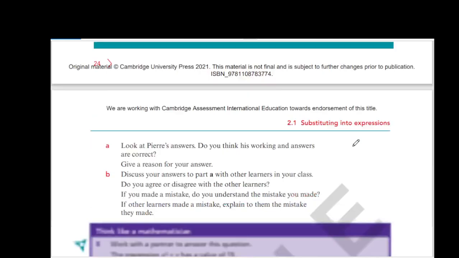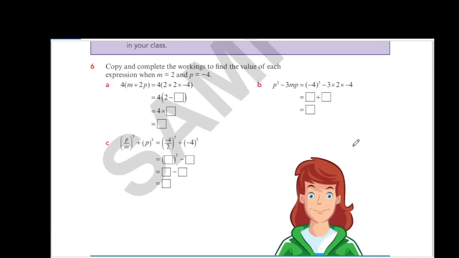Now we'll move to question number 6. Copy and complete the working to find the value of each expression when m is equal to 2 and p is equal to -4. By putting the value of m as 2 and the value of p as -4, according to BODMAS rule, we should multiply first.